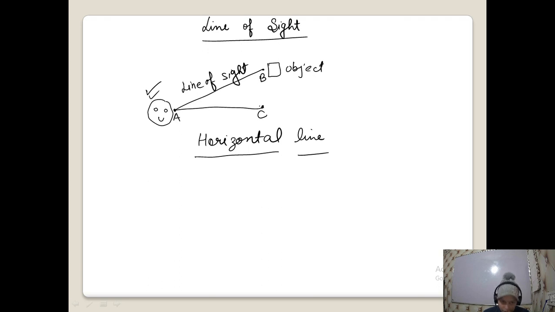This observer person looks from A to C and makes a line. That line is known as horizontal line. This line is also a straight line, and you can say this line is also called line of sight.